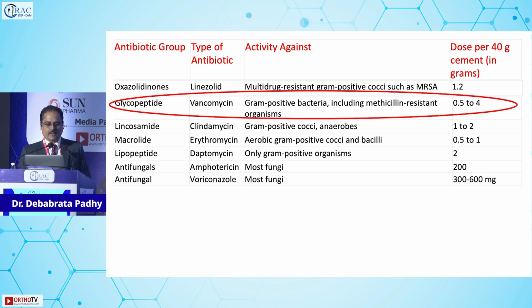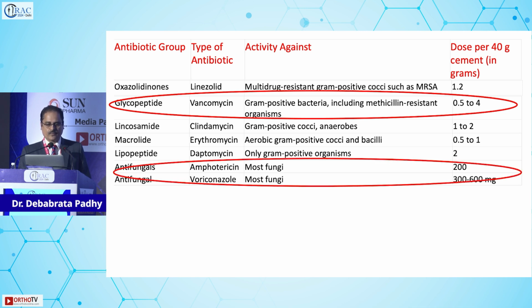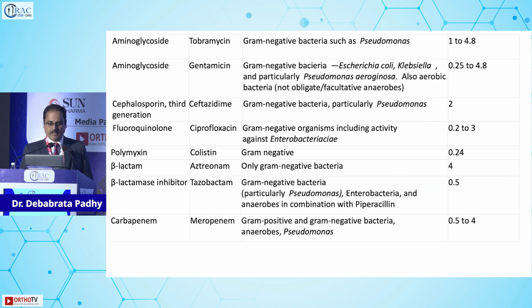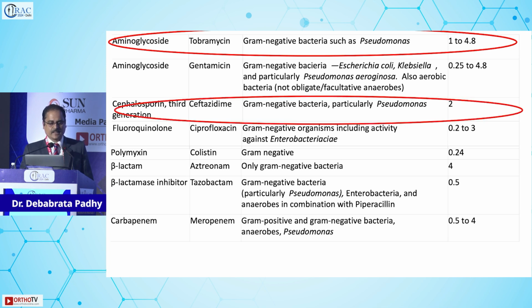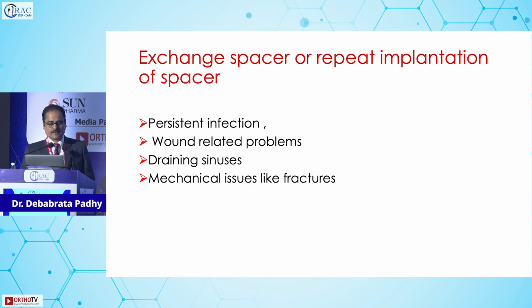Vancomycin is the most commonly used, at 0.5 to 4 grams, and different antifungals like amphotericin and voriconazole can be used whenever a fungal infection is suspected. For gram negative, we have tobramycin, gentamicin, and ceftazidime, which are commonly used in these cases.